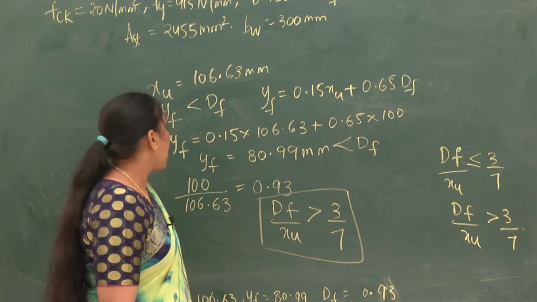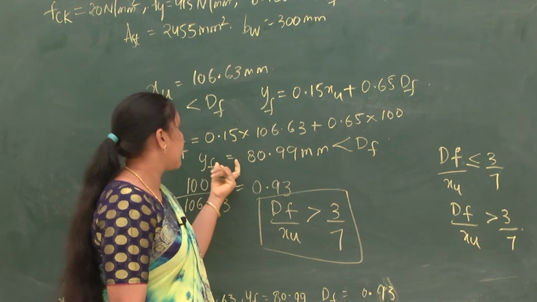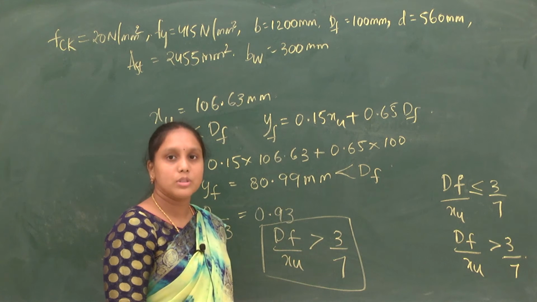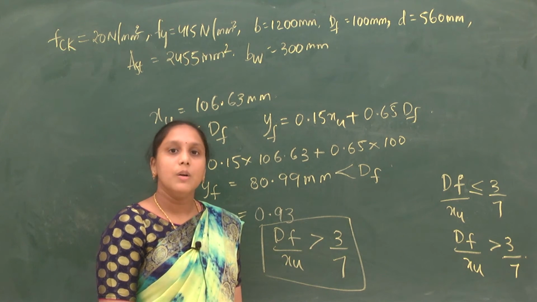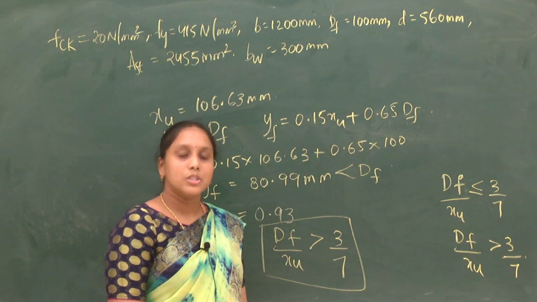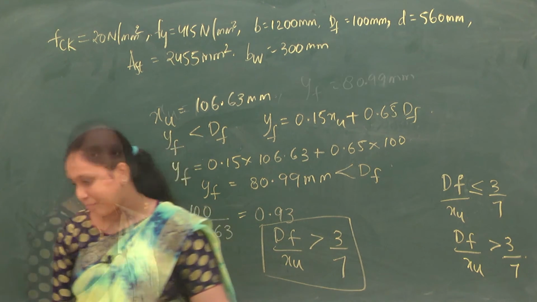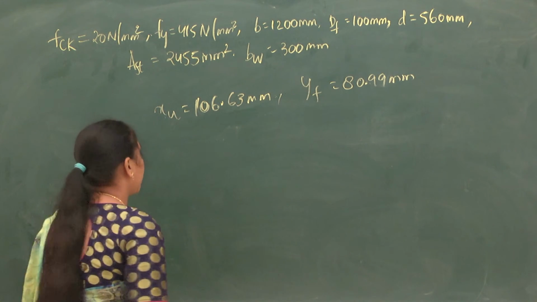We have already calculated the value of yf, which is 80.99 mm. So in place of df we are going to substitute yf and calculate the moment of resistance. Now let us calculate the moment of resistance.